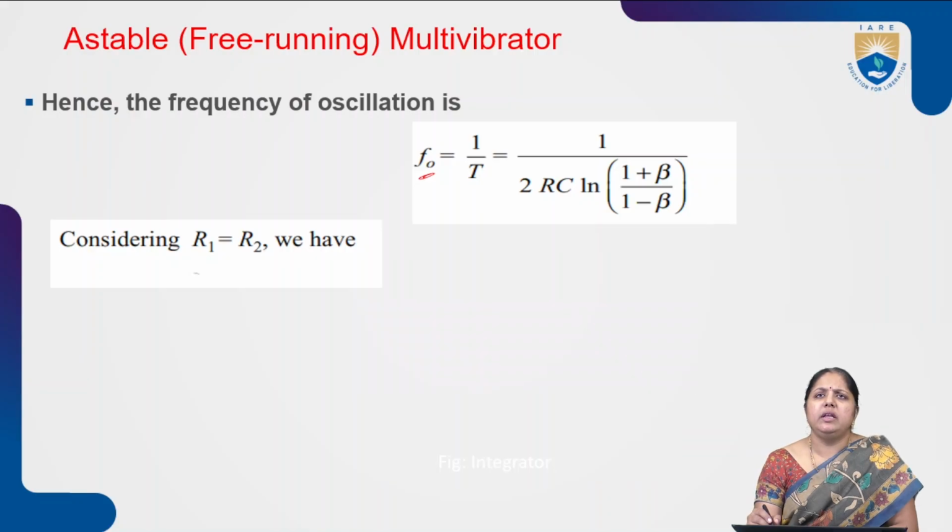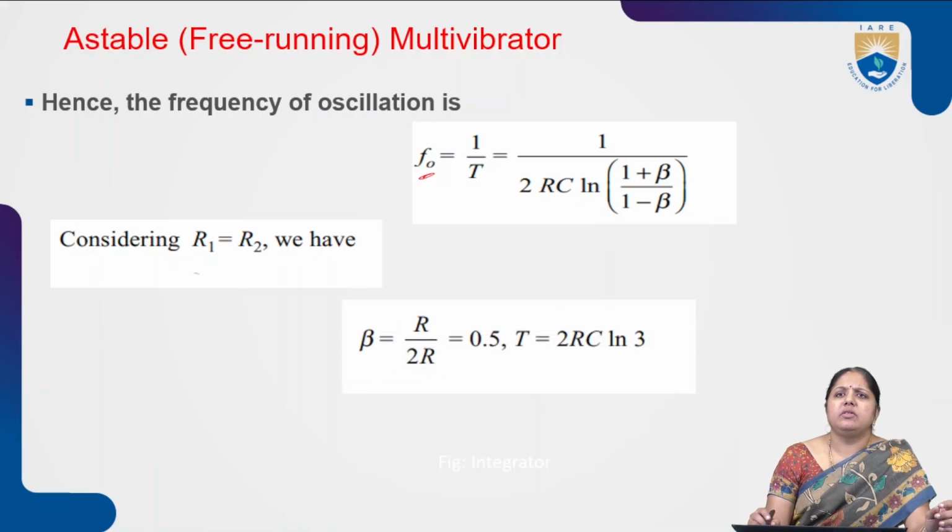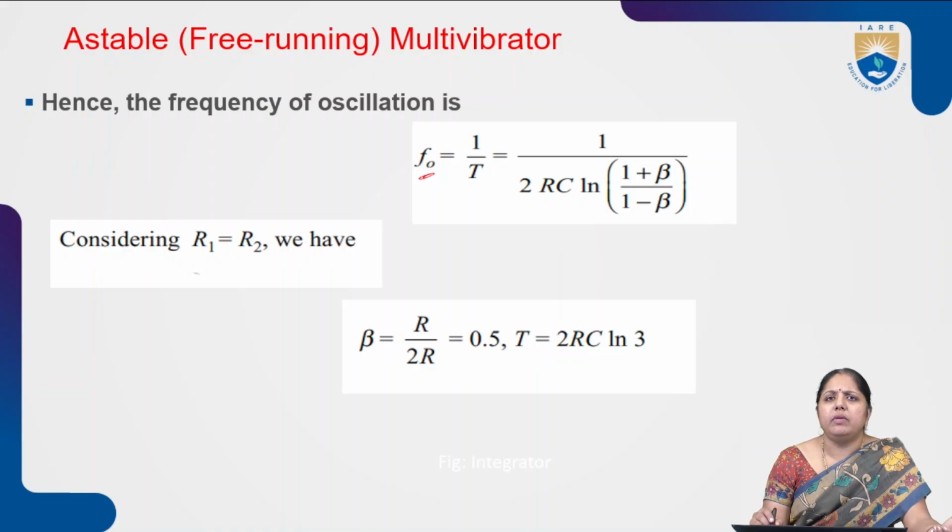So today what we learned is regarding the astable multivibrator, which is a free running multivibrator. Now one question: why are we calling this a free running multivibrator? We are not applying any external force at all.